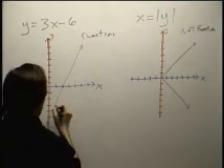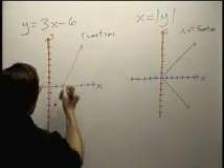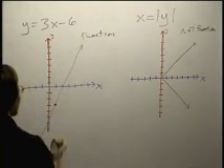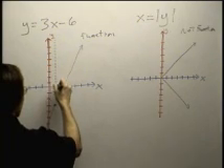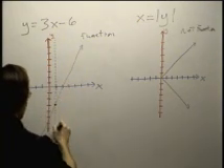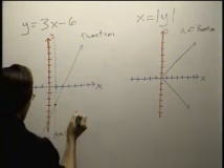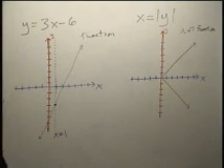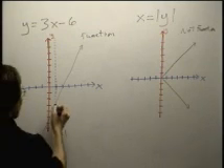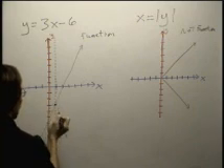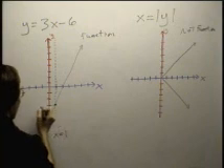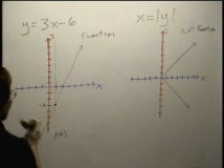So if I find an x value, say I pick the x value 1, the x value 1 corresponds to this line right here, x equals 1. And we see that it intersects the graph right here in this one point, and so that corresponds to exactly the y value of -3.